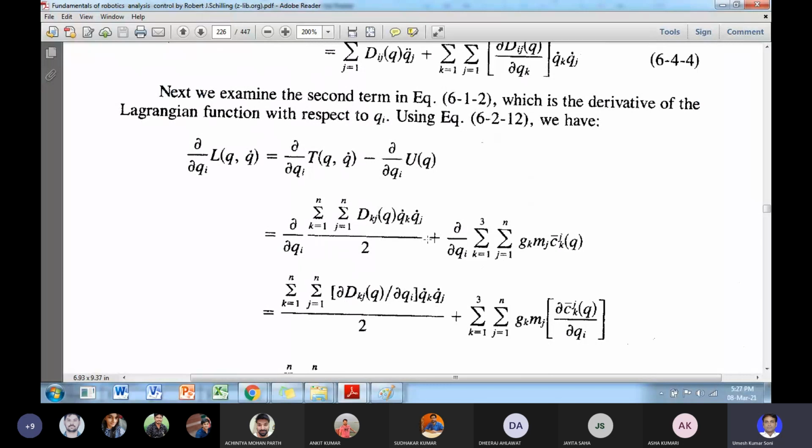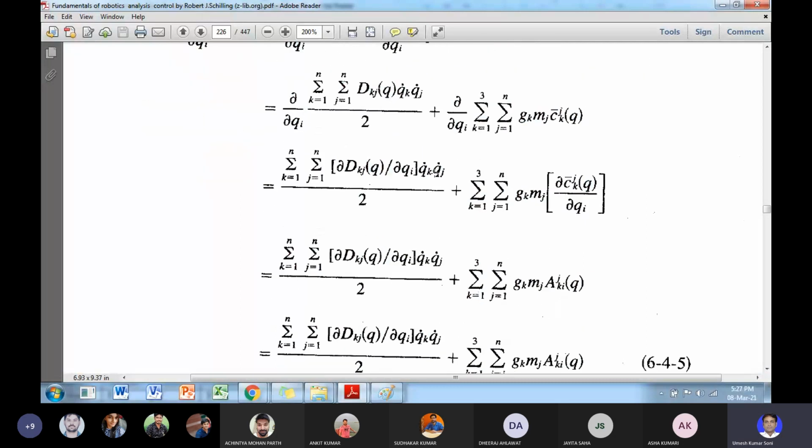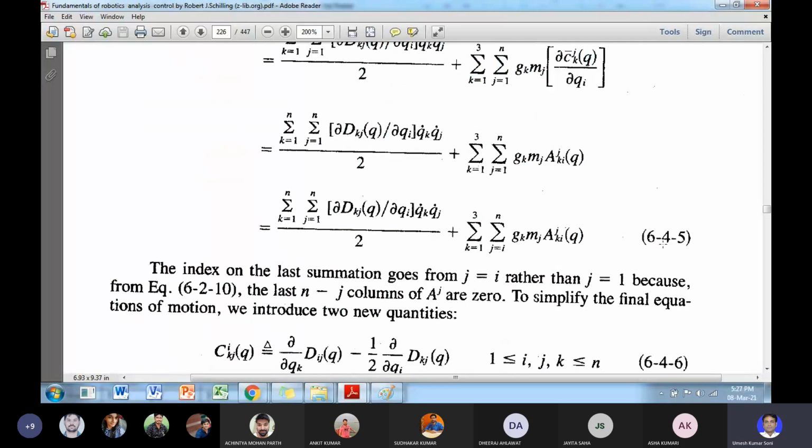Again, the second term of the Euler-Lagrange equation is determined using the potential energy. So here you get equation 6.4.5.